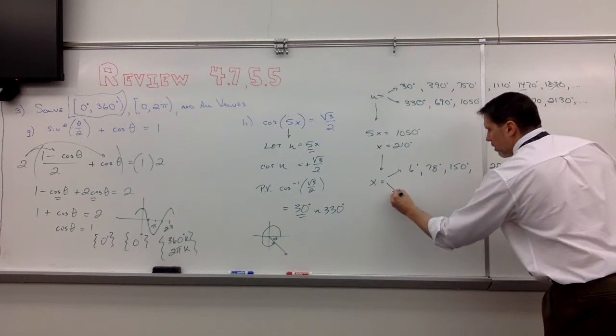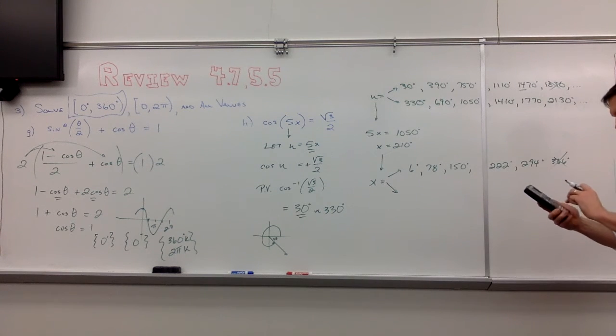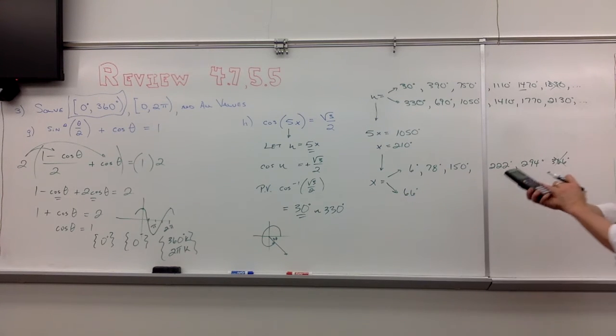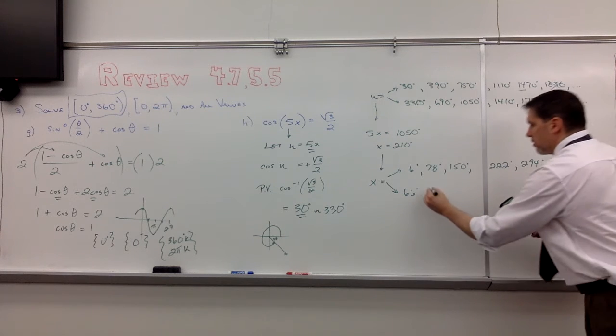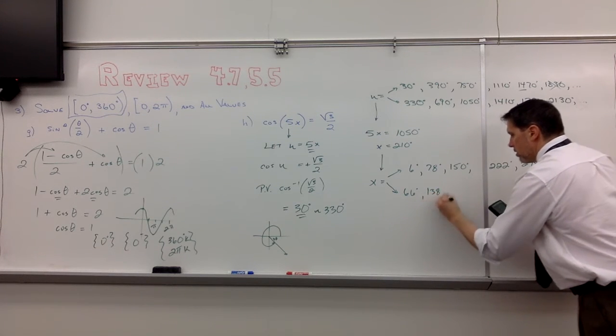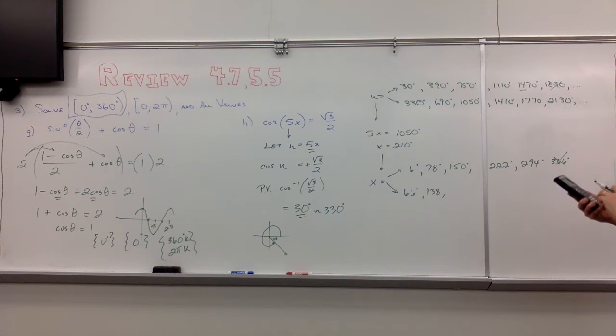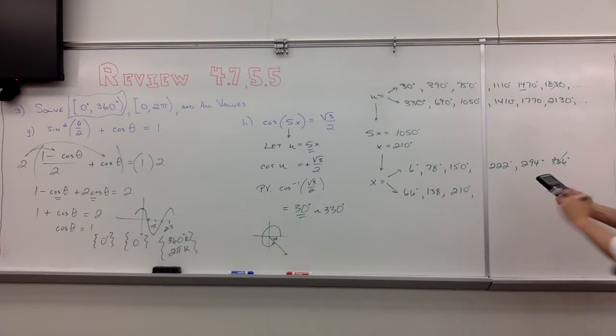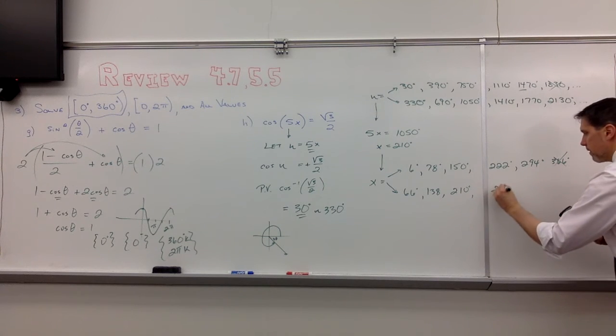Okay, finishing these off, take 330 divided by 5 is 66 degrees. 690 divided by 5, 138. 1050 divided by 5, 210. 1410 divided by 5, 282.